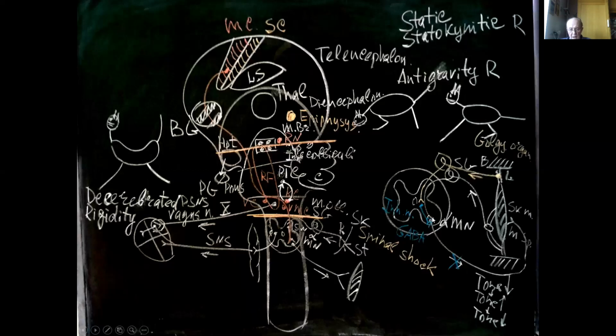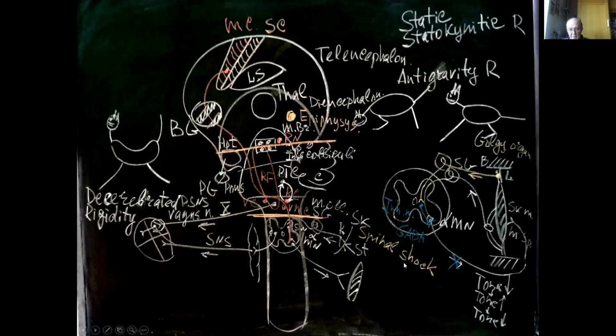the death of the person or the animal. In this picture, I present to you a very important line. If we take a narcotized animal, for example, a rat or mouse, we open the skull and make this transection, and we separate the brain from the spinal cord.